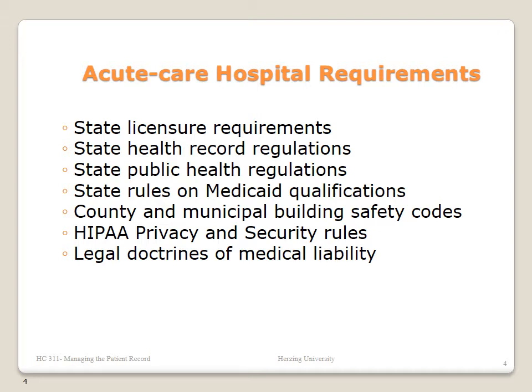State laws provide detailed regulations concerning the operation of facilities, sanitation, medical and nursing staff requirements, and patient records. Even within the licensure of the hospital, the state may limit what services can be offered or require special licenses to operate certain departments within the facility.